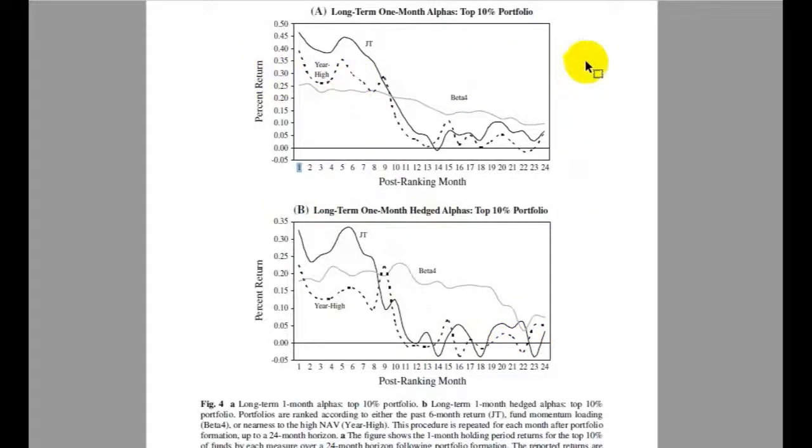And so in both tables here, we see that the strategy of ranking by momentum factor loading continues to be positive and consistent on through the 24 months, but the other two strategies seem to go close to zero.